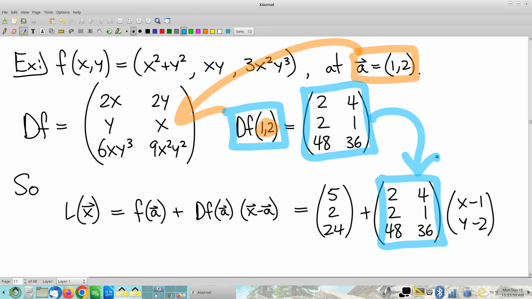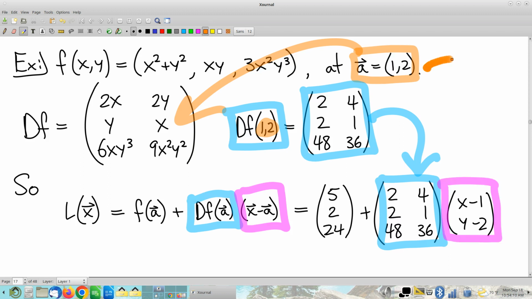That's this right here. And then x minus a, what you're multiplying that by: notice 1, 2 is what we're subtracting from x comma y, 1, 2 being our point where we're doing the evaluating, and so on. So plug in and chug it. Everybody good?